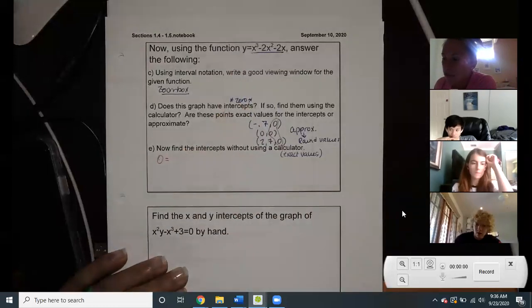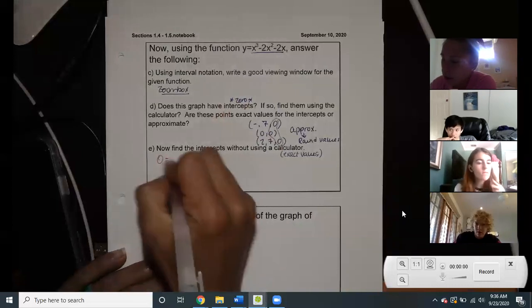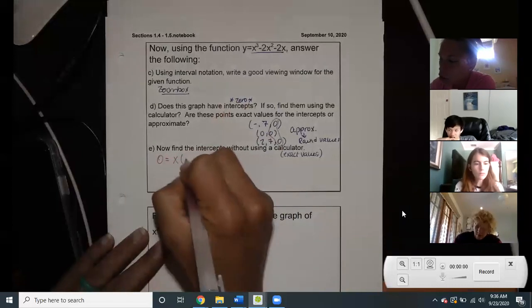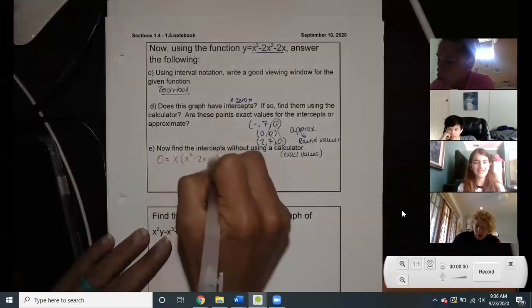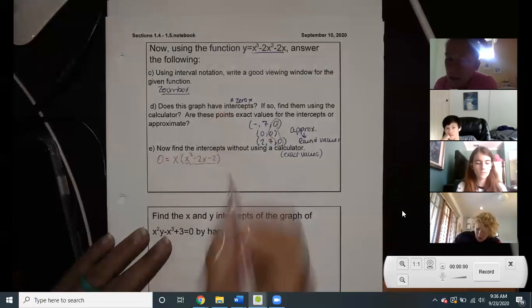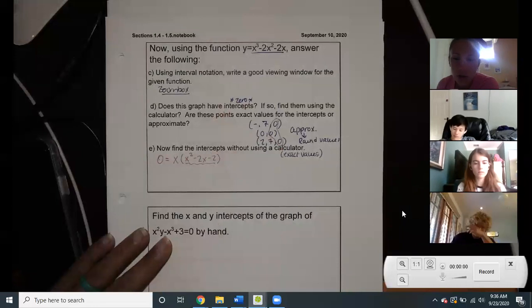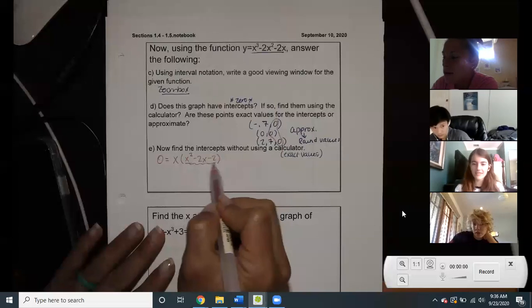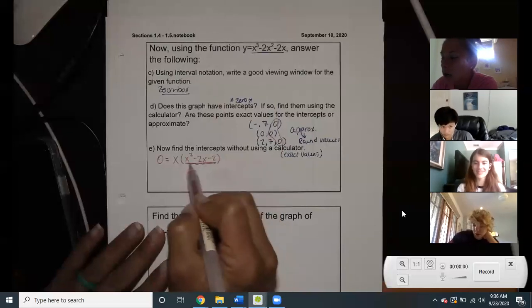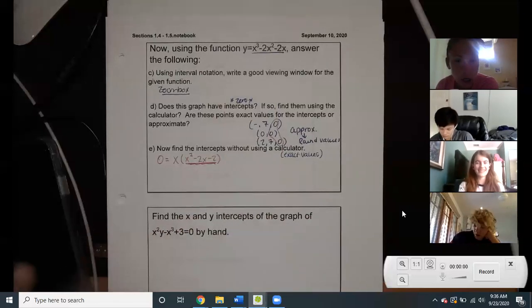And then I'm going to try to factor this. The first thing I'm going to do is factor out a GCF. So the GCF is x. That leaves me with x squared minus 2x minus 2. Now, will this give me something that factors? No, no. Unfortunately, it will not. So how would I have to use this quadratic to, or how would I solve the quadratic?